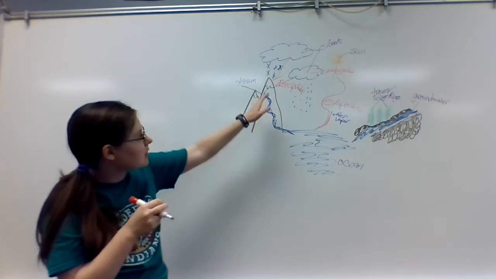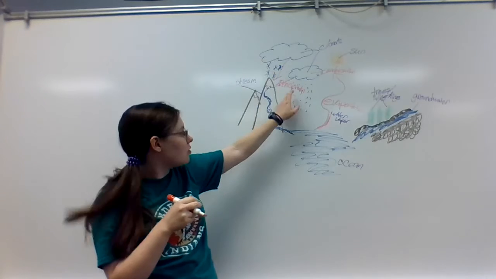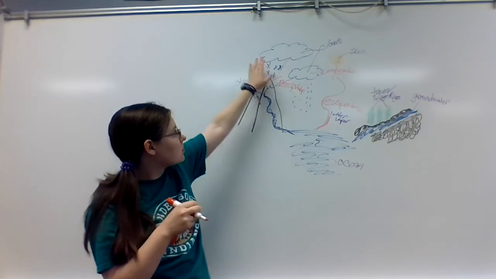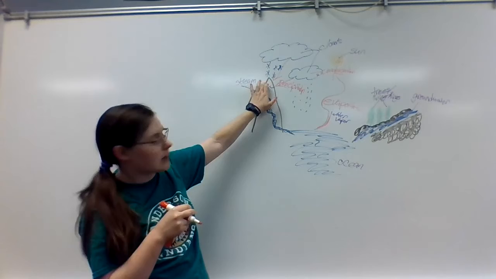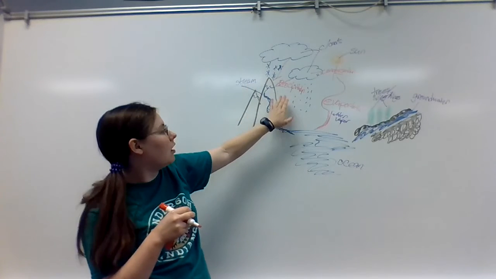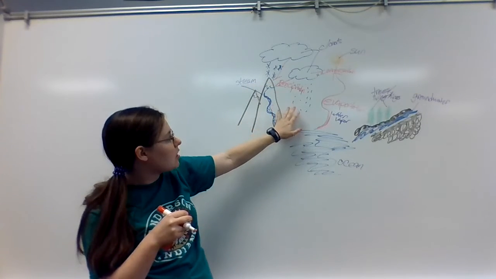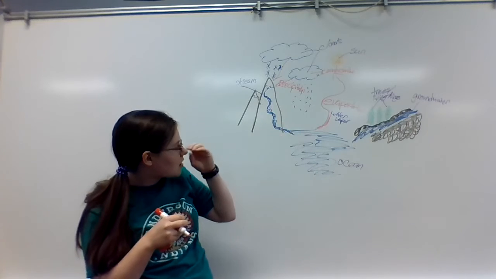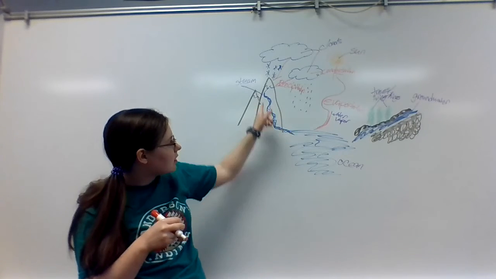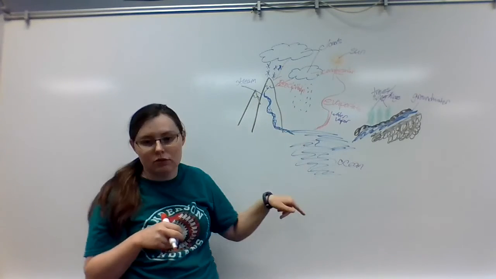So we have precipitation in the form of snow or in the form of rain. The snow is going onto our mountains that have ice cap, some glaciers, some snow. And then we have precipitation that's joining either our stream or going straight back into the ocean.